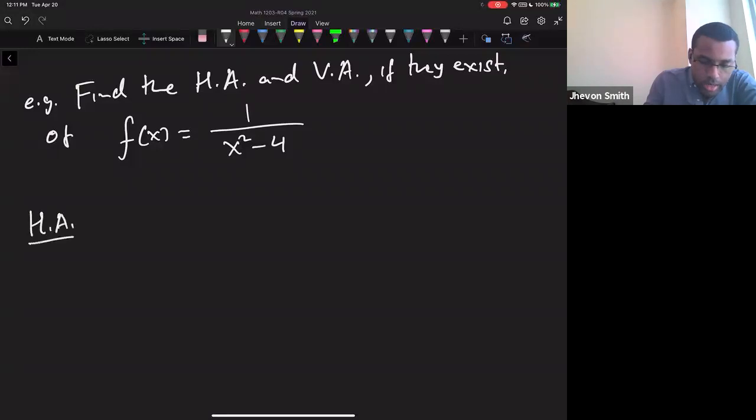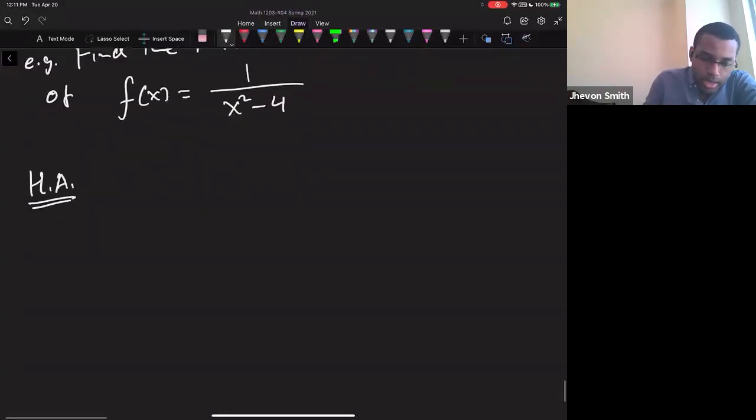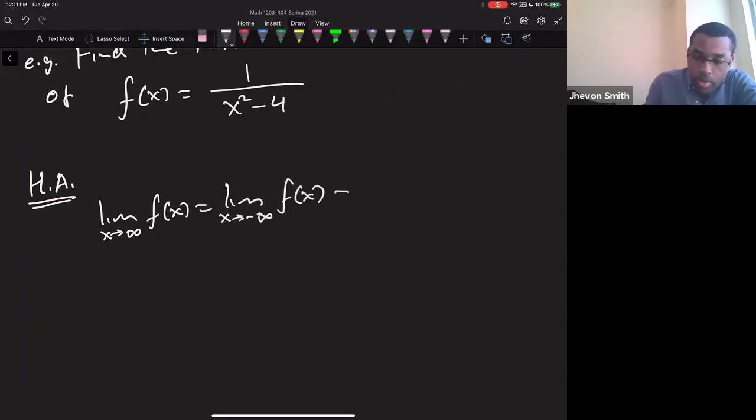Let's look for the HAs. We know how to find the HAs. We take the limit as x approaches infinity of f of x, but it's rational, so I know this is also going to be the limit as x approaches negative infinity of f of x. What is that for this function?